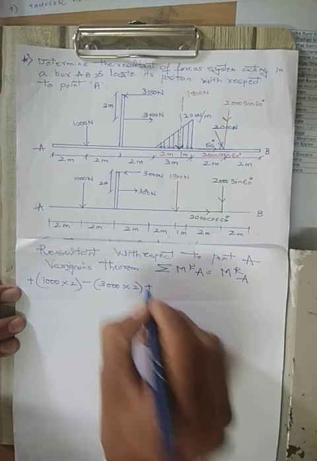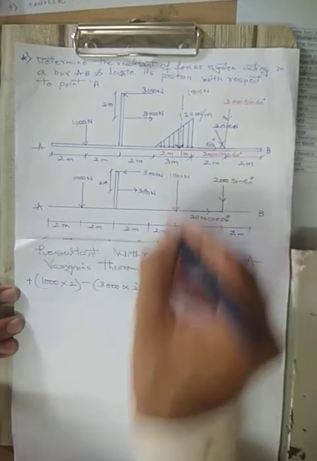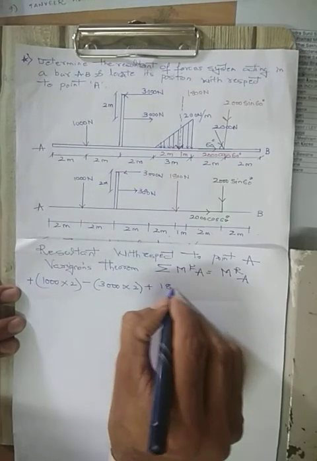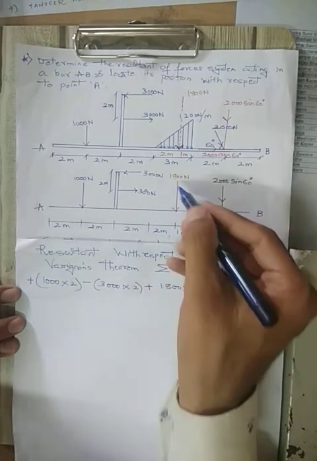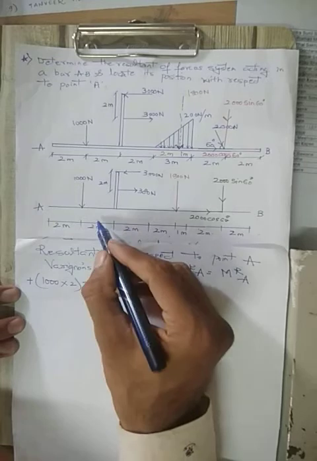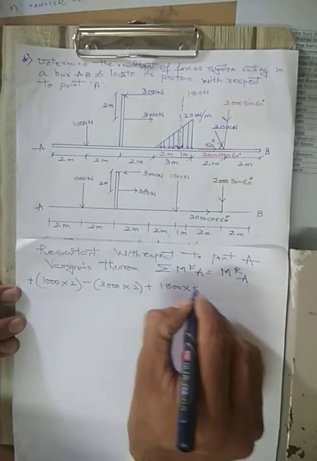Then plus again clockwise, 1800 into its distance. What about the distance of this 1800? 2 plus 2 plus 2 and 2, that is 8 meters.